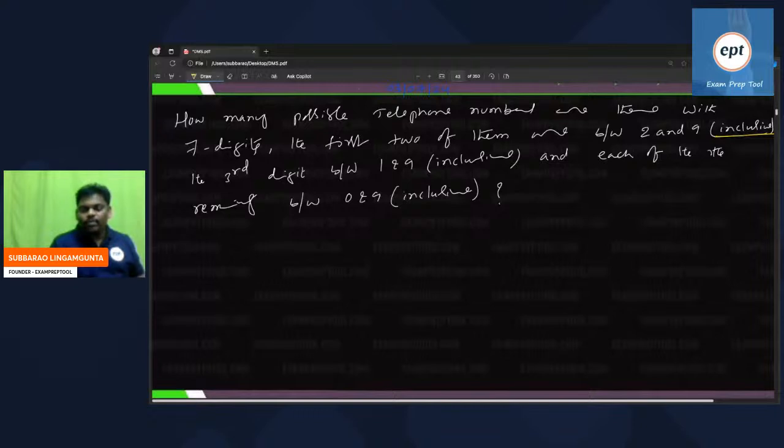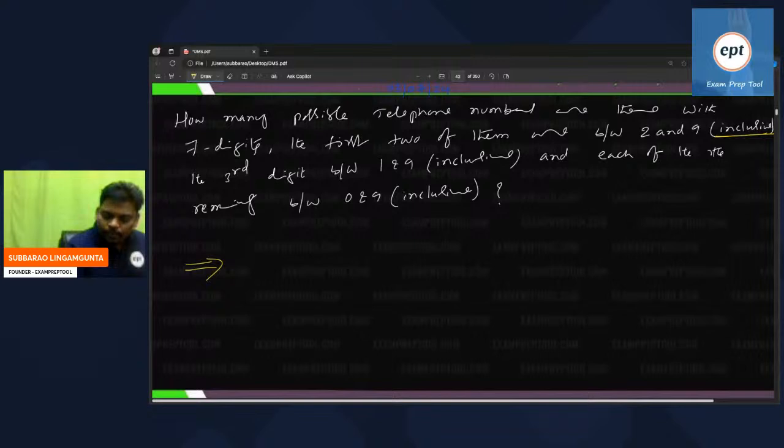What will be the answer? This is the first problem of today's class. How many possible telephone numbers are there with 7 digits?